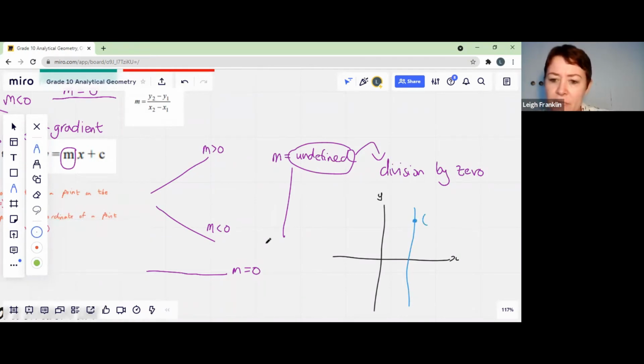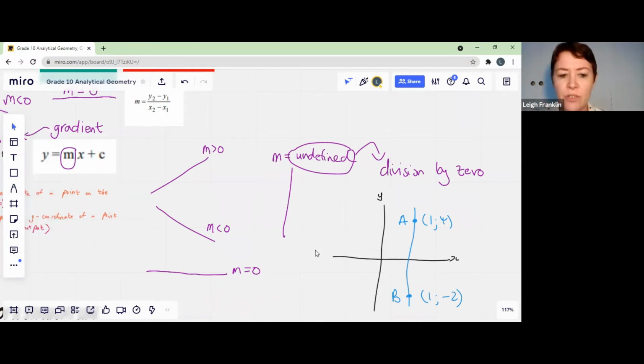Let's pretend this point over here, I'm going to call it A, has the coordinates 1 and 4. And down here in quadrant 4, we've got point B. It lies in the same vertical line as A, so it has to have the same x. It's going to have a different y, a negative y value. Let's say it's -2.